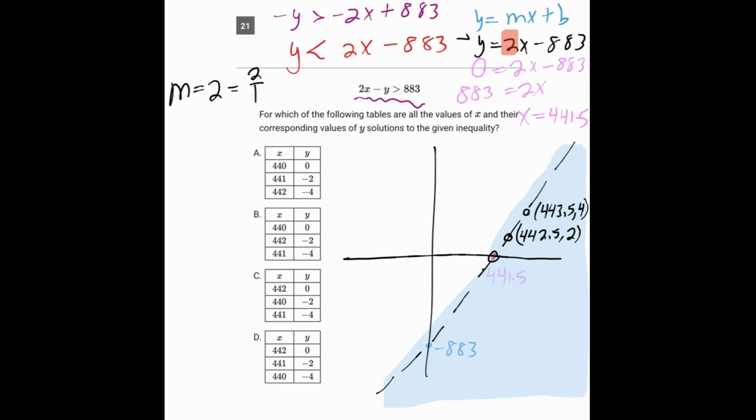And let's continue it the opposite way. Right over here, if we go down 2 over 1, you'll have 441.5 and negative 2 for your y value. And down 2 and over 1 again. Down 2 and over 1.